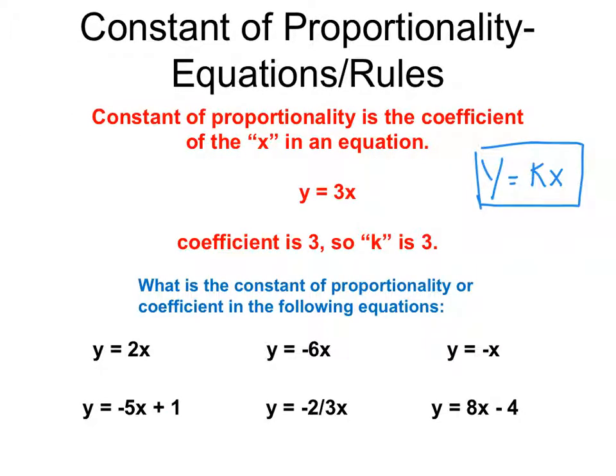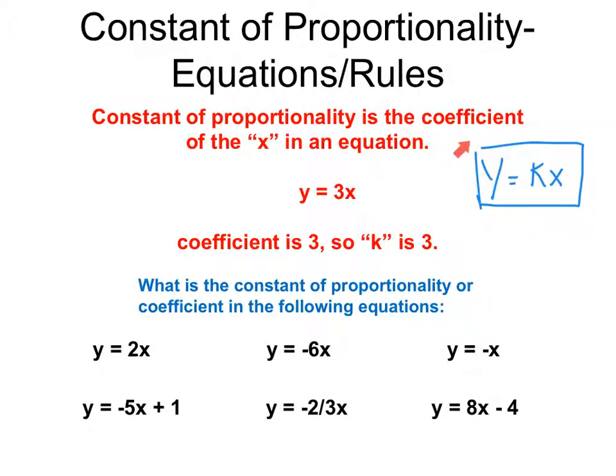Determining proportionality for equations and rules is actually rather simple. If we go back to the beginning of the video where we talked about direct variation, the equation for direct variation shows two numbers, y and x, such that y is equal to a number k times x, and k can't be 0.